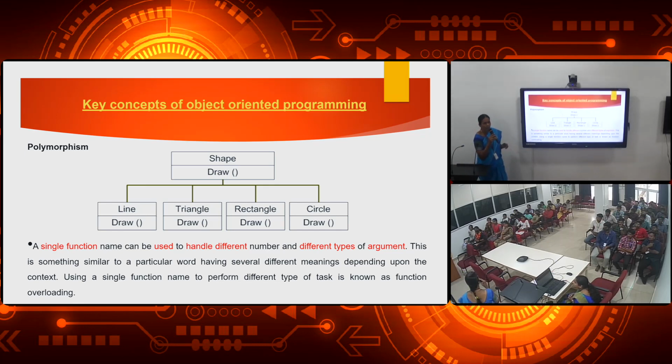Depending upon the argument and the data type of the argument passed to the draw method, a particular draw method from the particular class is going to be executed and produce the exact result.